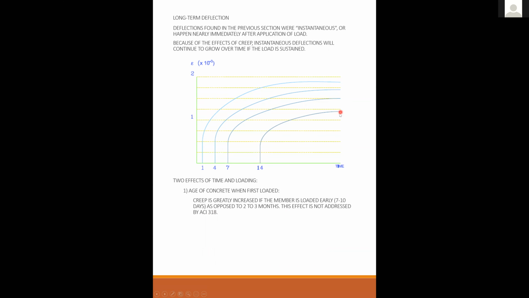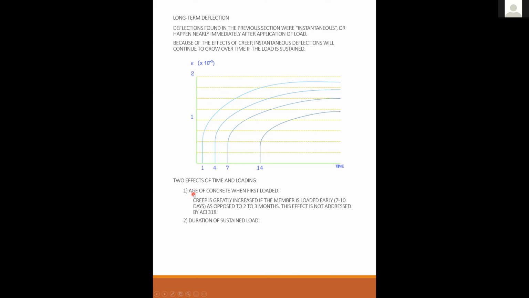You're going to get a lot less ultimate strain than if you applied it earlier. It's just a general rule: the younger the concrete is when you apply the load, the more total deflection you're going to get. The more you can wait on that concrete, the better the building will be in terms of deflection.